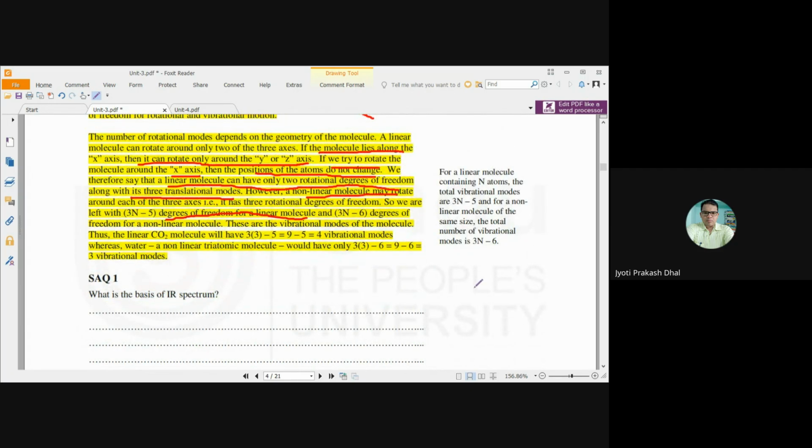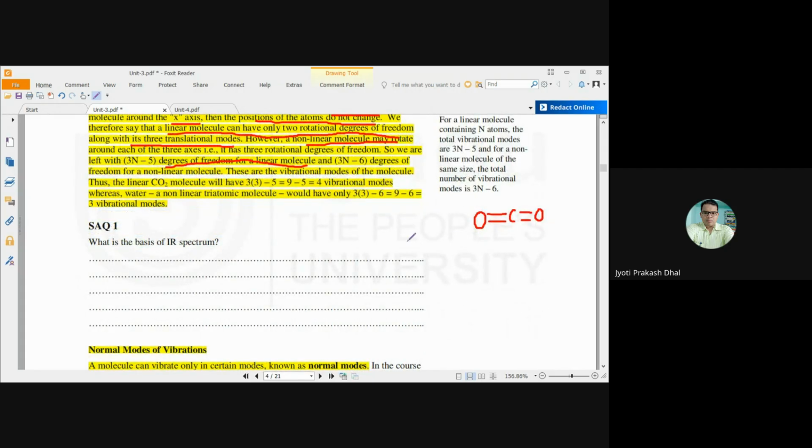Now, consider the total number of vibrational modes for the carbon dioxide molecule. We know that the shape of carbon dioxide is linear. This is its structure, and here 3 atoms are there. So the total degrees of freedom equal 3 into 3, which is 9.